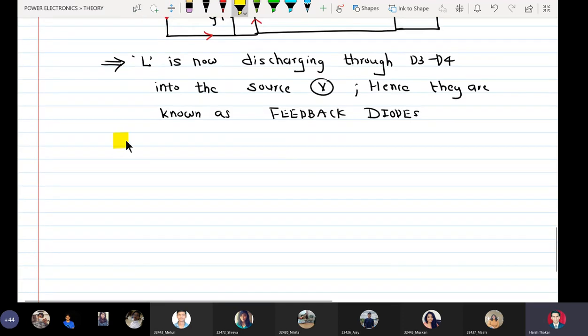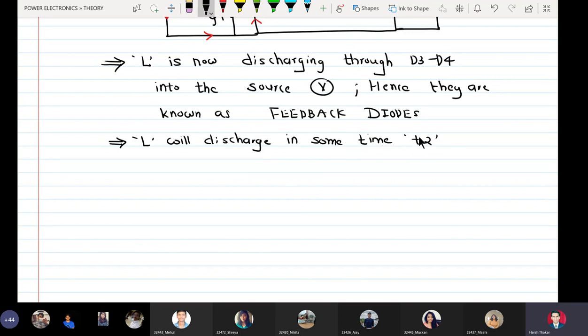So I can say here that L will discharge in some time, say T2, beyond T equal to T by 2. Students, this operation with RL load is not easy.